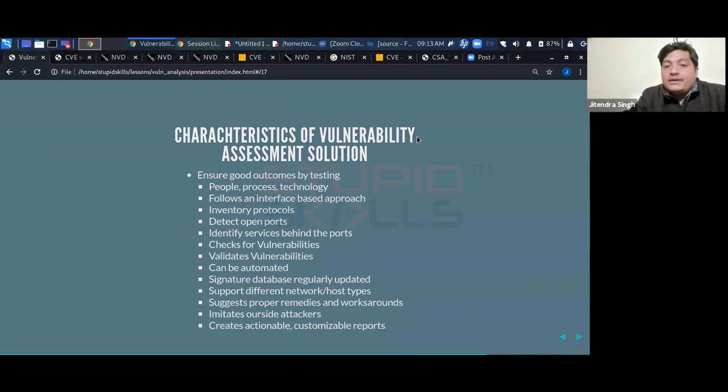Okay, and that will help you in determining only the information about technology, but as part of a solution, any kind of solution that you design should have these characteristics. So ensure that you get good outcomes by testing. As I said, you eventually will have to test.